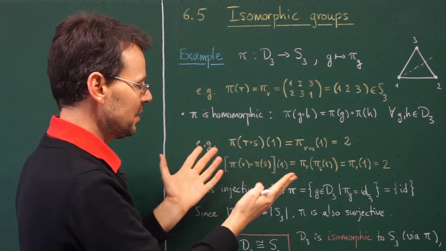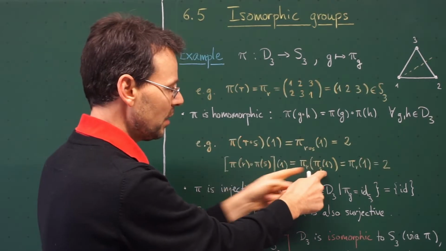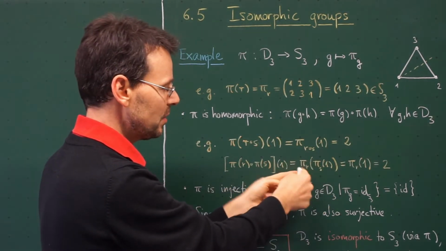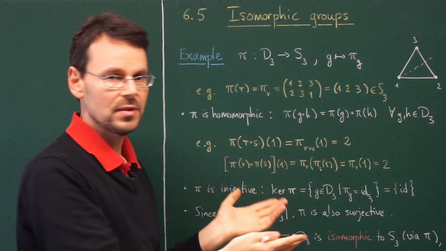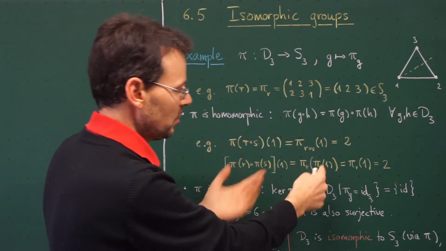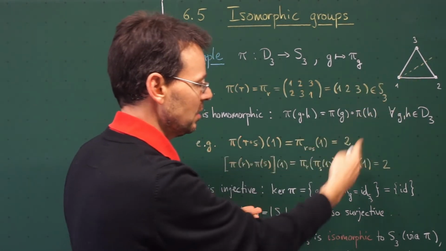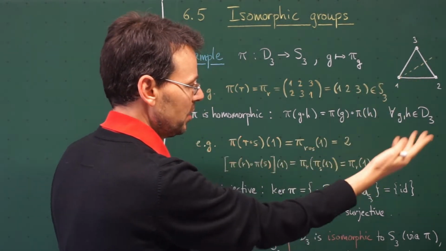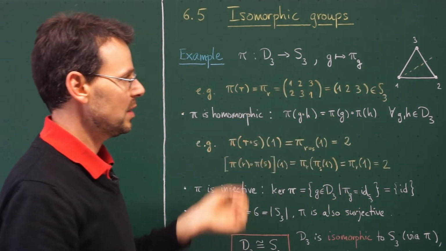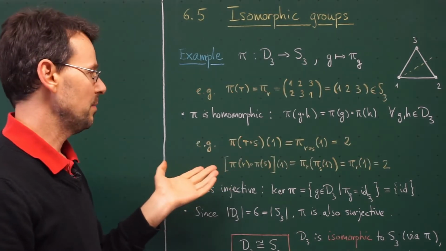We do exactly the same thing. We ask ourselves, what does S do to the vertex 1? And then what happens if we apply R to this result in the permutation picture? So again, pi S of 1 simply is 1, and pi R of 1 is 2. So they agree on vertex 1, and in the same way you see that they agree on all the vertices.